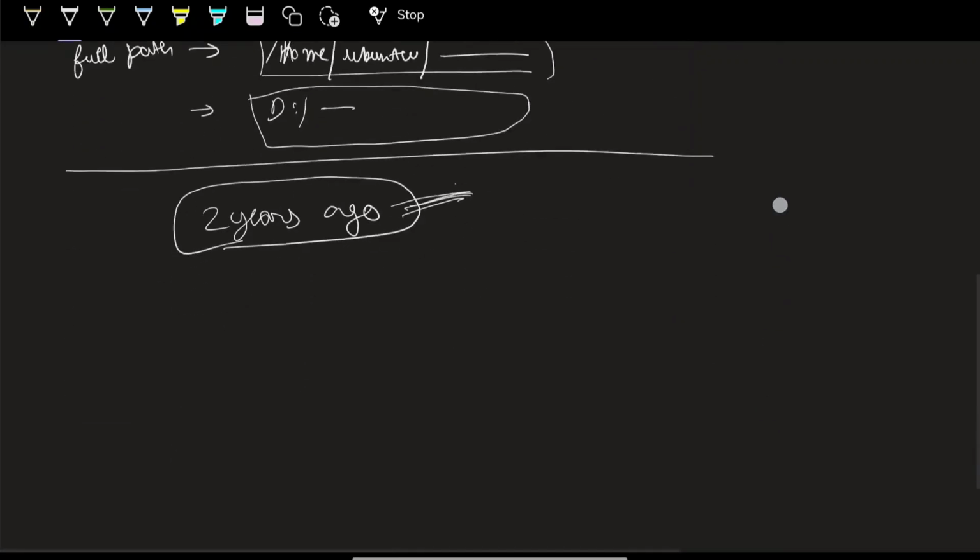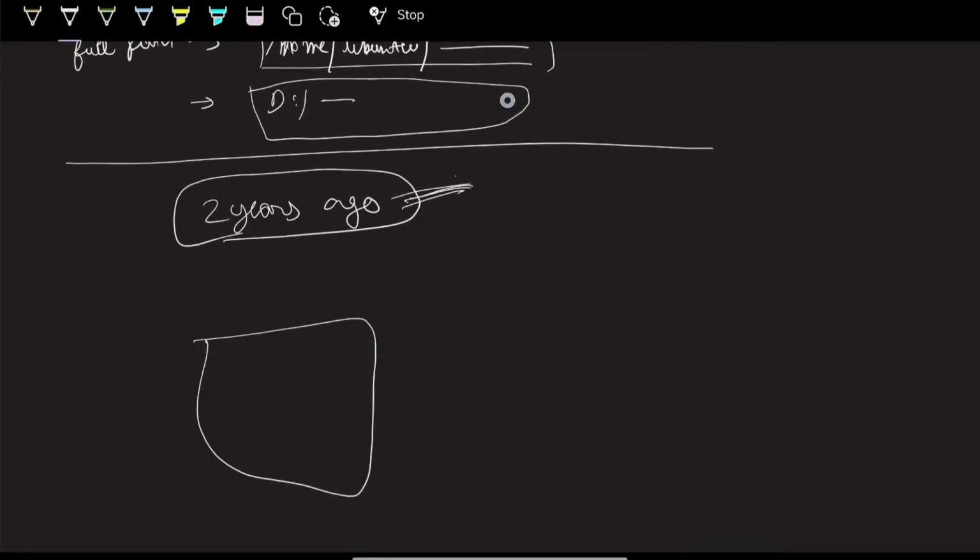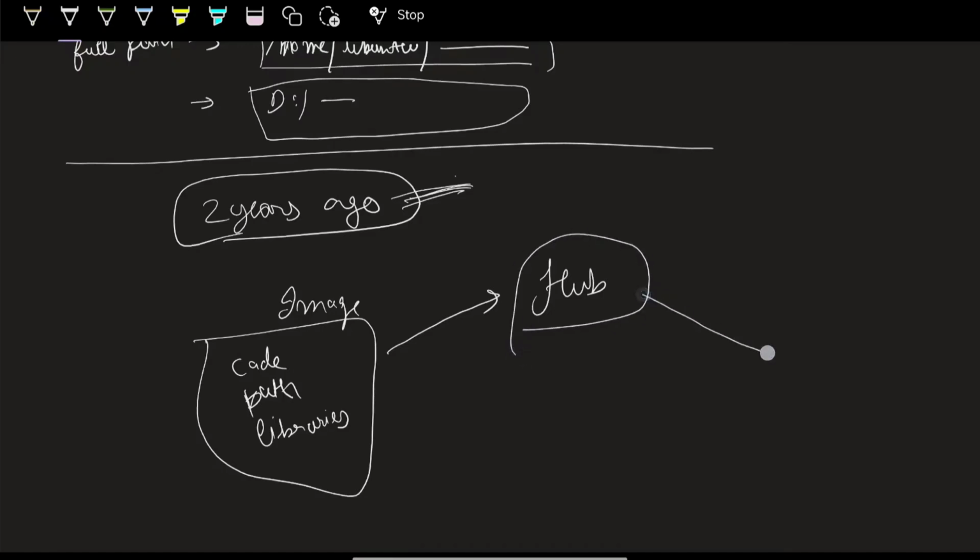Once you create this Docker image with these installed libraries and the code path, you will transfer it to your Docker Hub. You can transfer it to AWS, or anywhere you feel safe. If you want to spin up another machine, you can just pull your Docker image onto your new system.